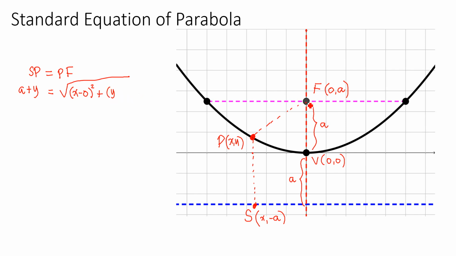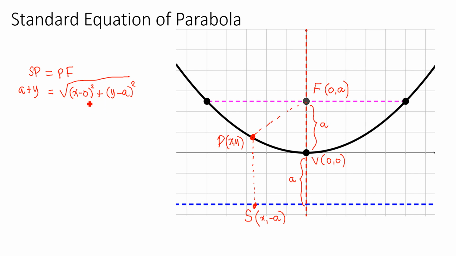plus a minus a, minus a quantity squared. Okay, so we have that equation. Now, since on the right side we have the square root, take note from grade 9 that a square root is equivalent to the exponent 1/2.